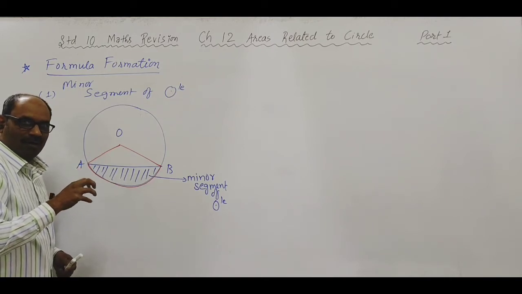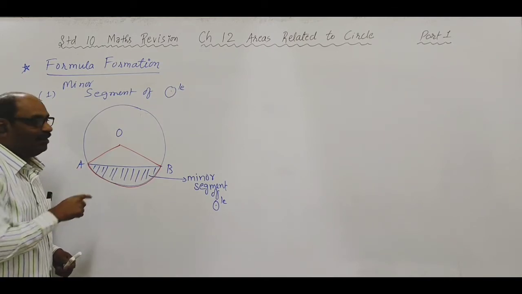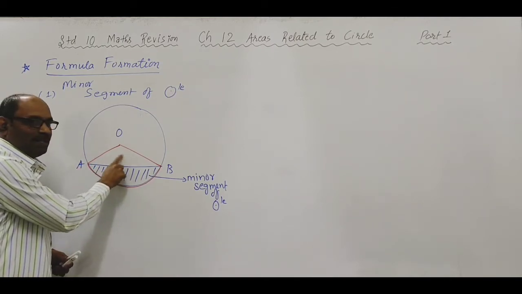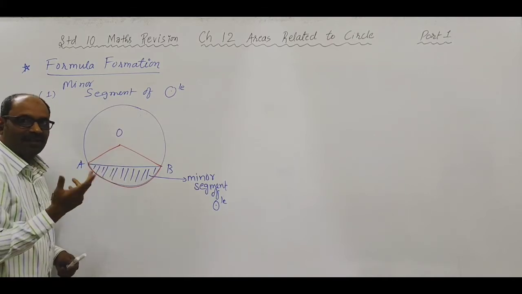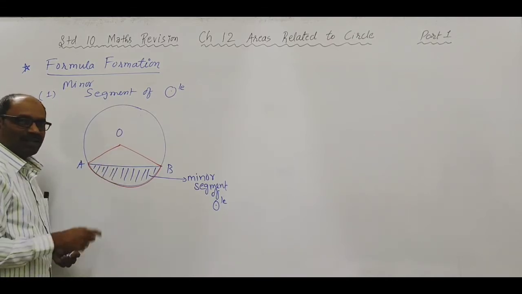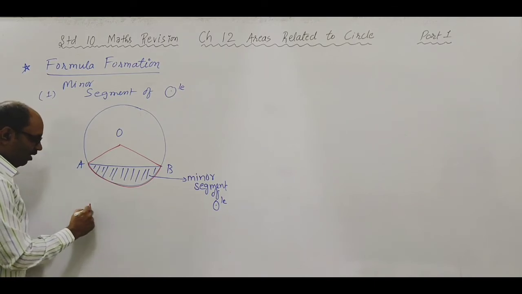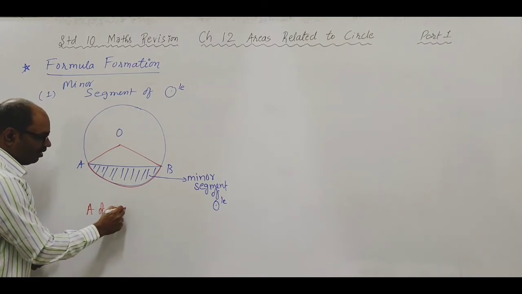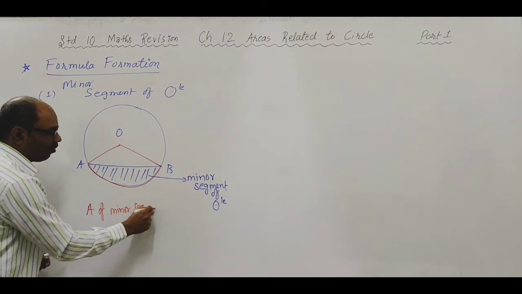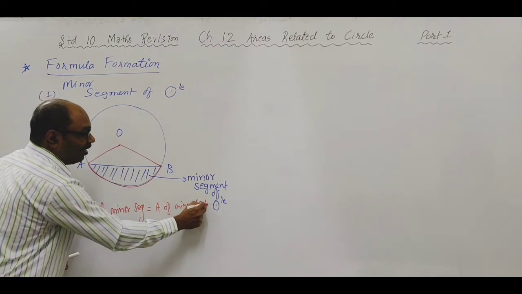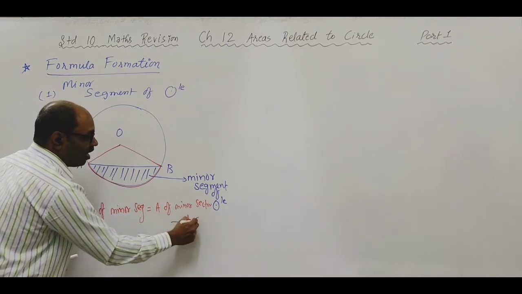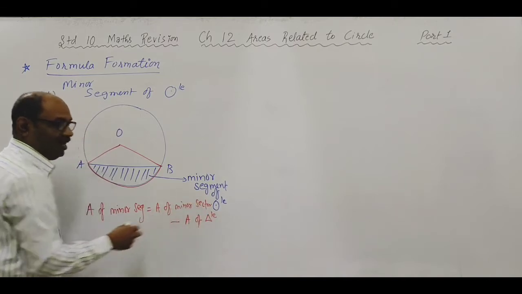That whole one. उसमें से क्या कट कर दो? हाँ, ये plain space जो है, area of triangle. If I cut that, I'll get the area of segment. So area of minor segment is equal to area of minor sector minus area of triangle.